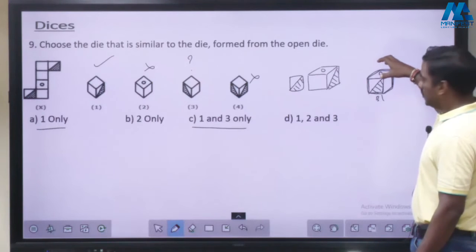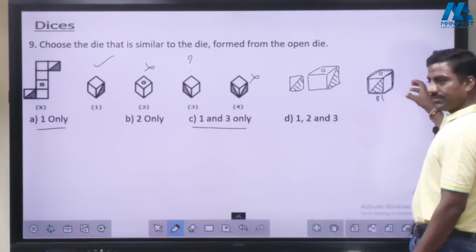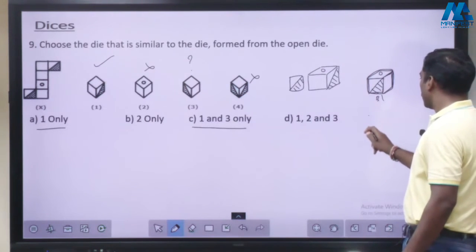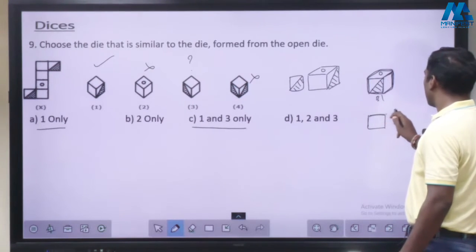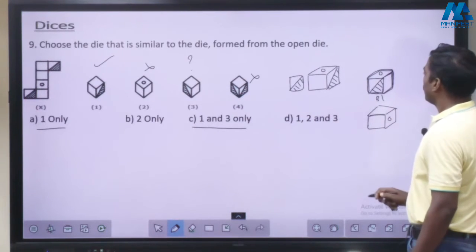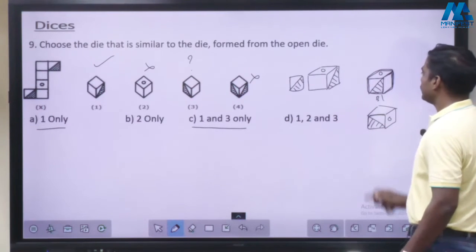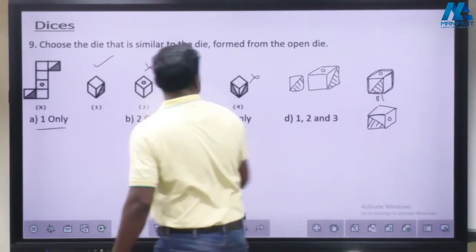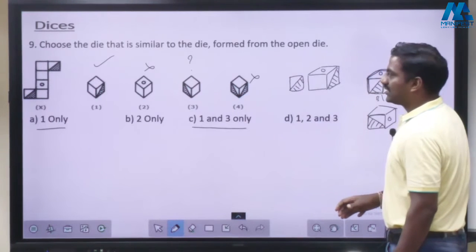We have to hold this and turn like this. Then what we'll get? We'll get this one and it will turn like this. And what is there on the other side? This one has come like this and we have toppled like this.